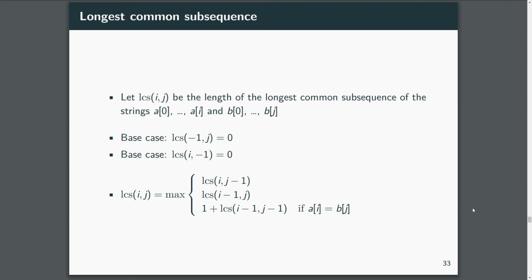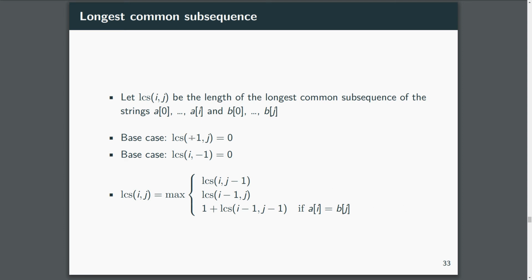So let's formulate the problem. We'll let LCS of i and j be the length of the longest common subsequence of the strings A0 up to Ai and B0 up to Bj. If we have reached the end of either string, then the answer is 0.